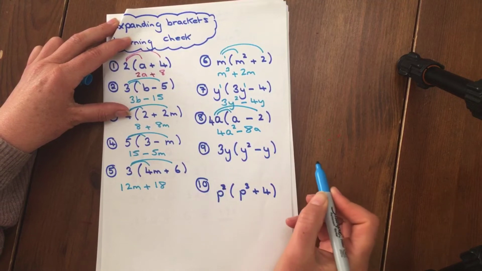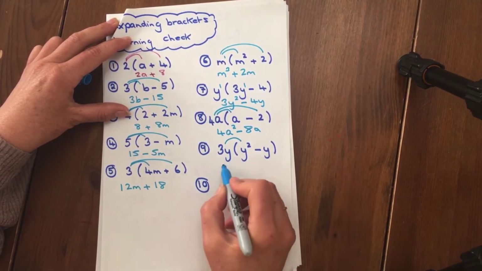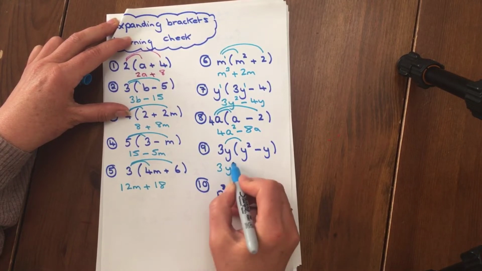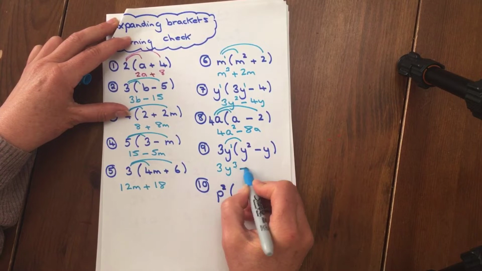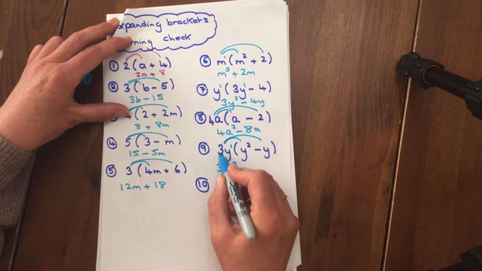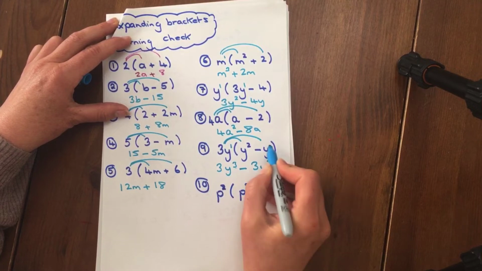Getting really tricky now. 3 times y squared will be 3 lots of y cubed, 1 add 2 is 3. Minus 3y times y is minus 3y squared.